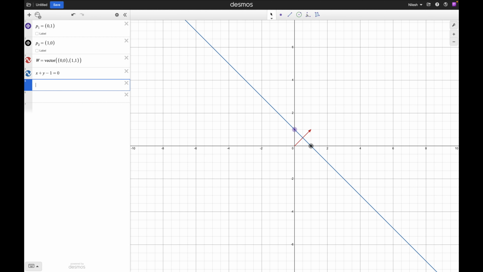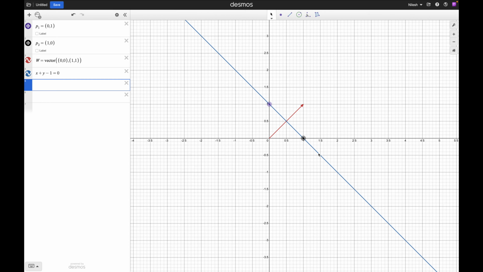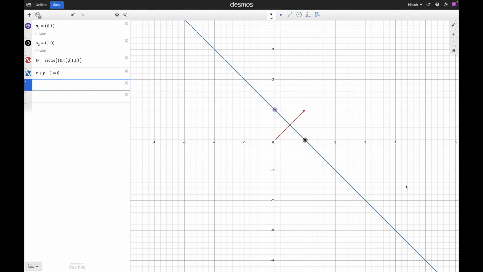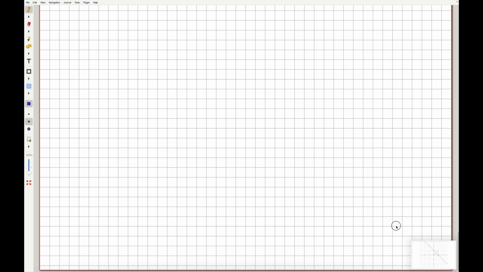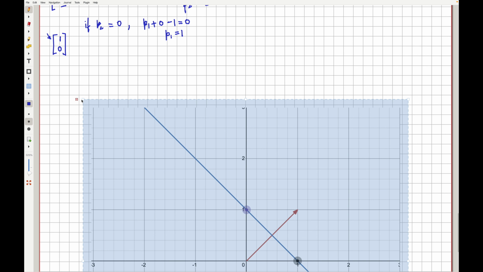And graphically, what we are saying is, let's zoom in a little bit, like so. If I take a screenshot of this, let's bring that in here and see if we can write on it.